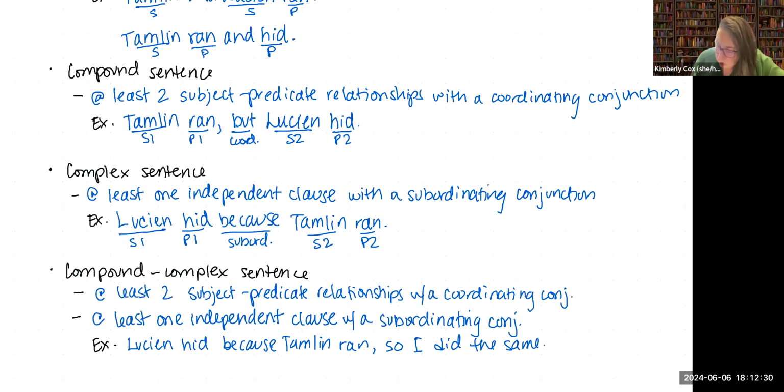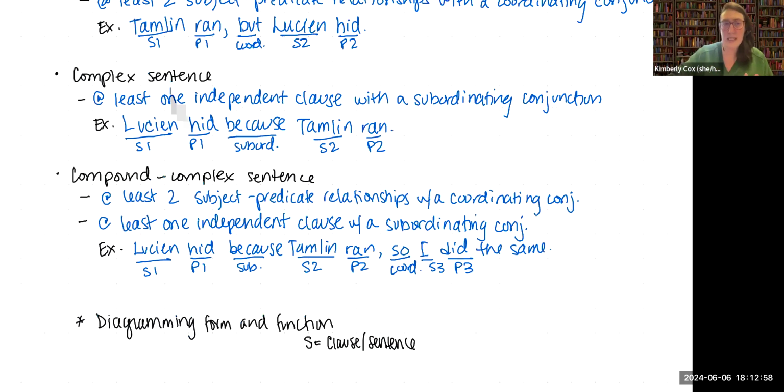So here we have subject one, predicate one, a subordinating conjunction, subject two, predicate two, right? A coordinating conjunction, subject three, predicate three, right? And so that makes it a compound complex because you have both. So I want to kind of take you down and guide you through this. So we're going to look at how to diagram a sentence like this.